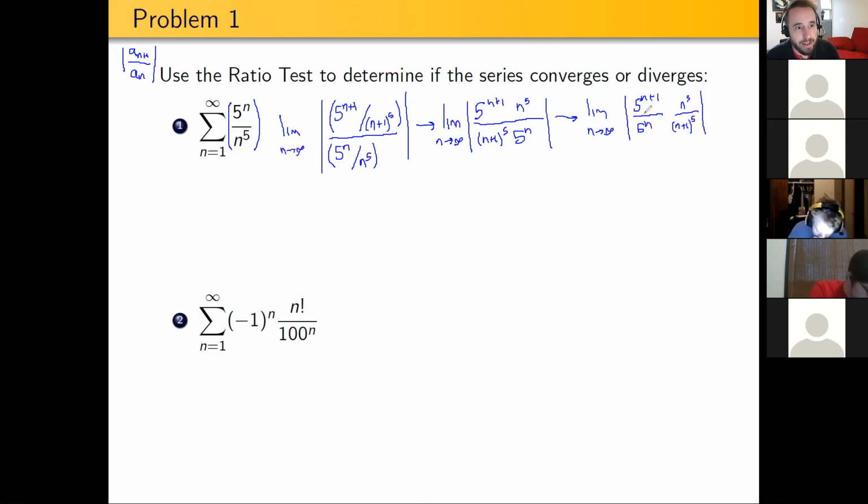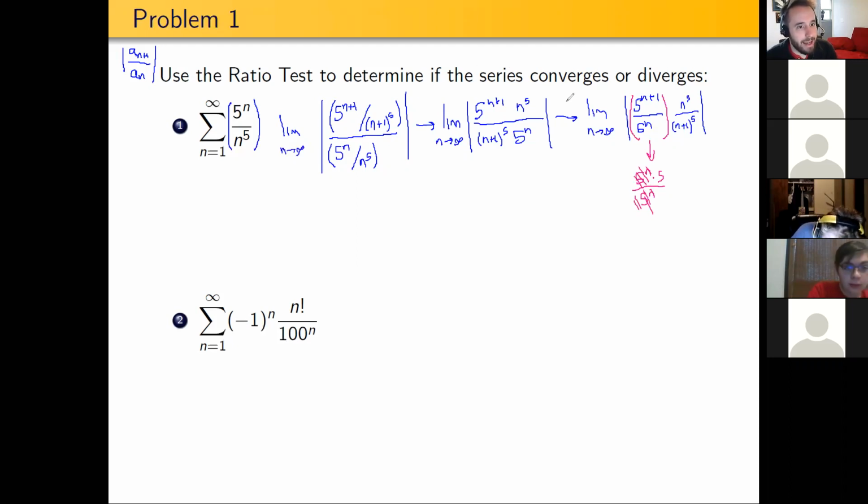On the one hand, I have my 5 to the n plus 1 divided by 5 to the n, and that is just going to equal 5. Because 5 to the n plus 1 is just 5 to the n times 5. So this entire first term, put little parentheses around that, is like 5 to the n times 5 divided by 5 to the n, and those 5 to the n's are going to cancel out, so we're just left with a 5.